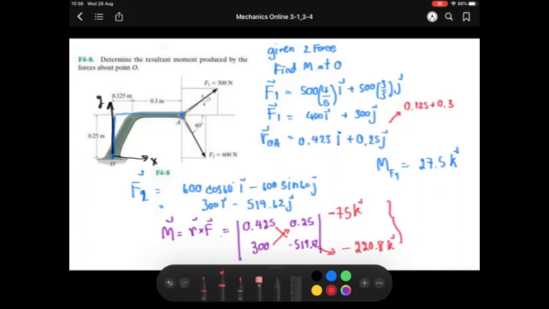So together, the moment of force number 2 will be equal to minus 295.8 k. You can sum all of these together to find the total moment, or the resultant moment, of this question. See you in the next video.